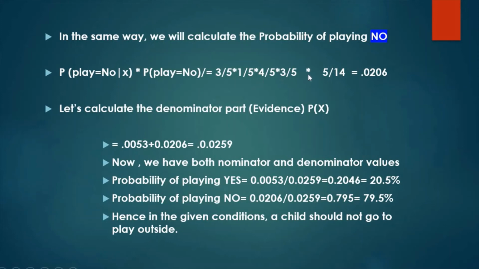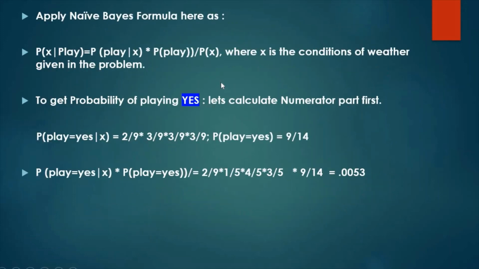We can verify that the system already calculated these during the training phase: 3 by 5, 1 by 5, 4 by 5, 3 by 5.